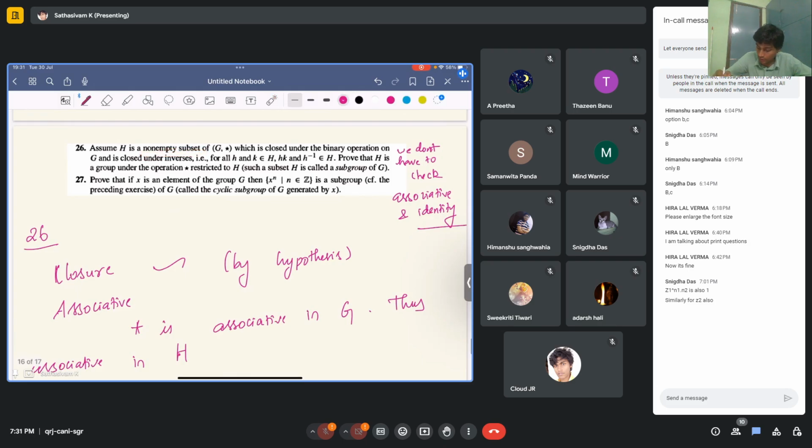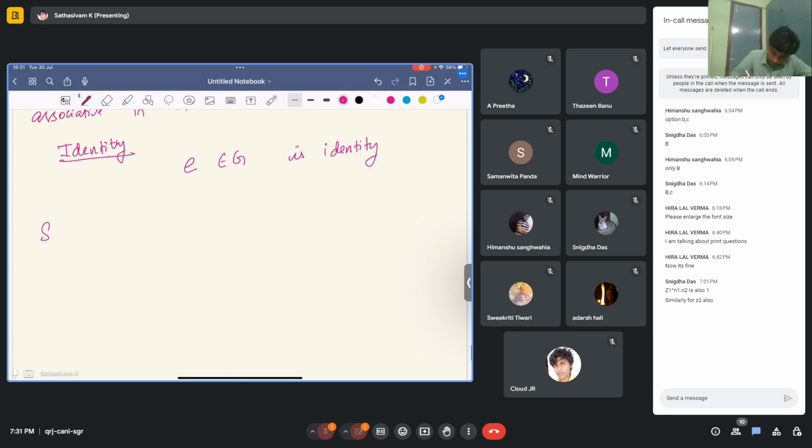Since H is non-empty, there exists a small h, h belongs to H. It's non-empty, so we can always choose one element.